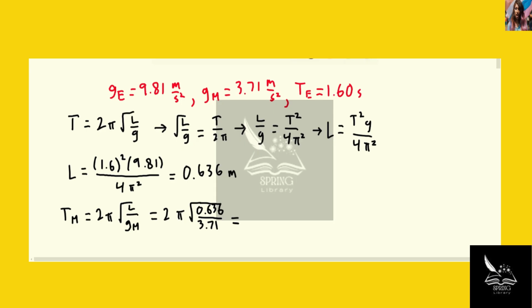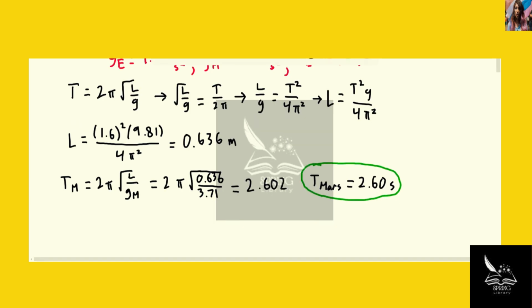If we work that out, we get 2.602. We'll take that to 3 significant figures, since the data we were given was 3 significant figures. Okay, so our answer is that the period of our pendulum on Mars is 2.60 seconds.